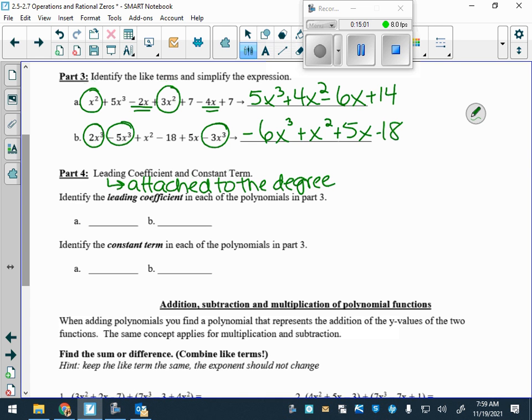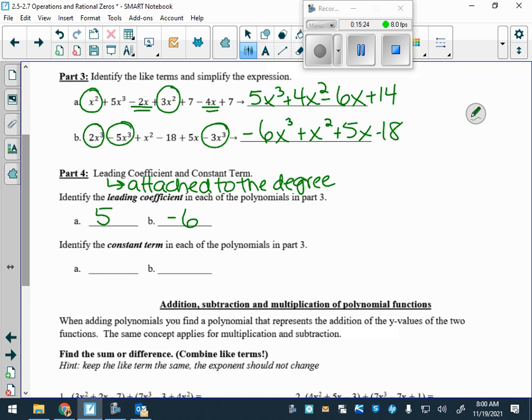So it's the first number with the highest degree. So in A, what is our leading coefficient in standard form? What would it be? 5. Good. In B, what would it be? -6. Excellent.